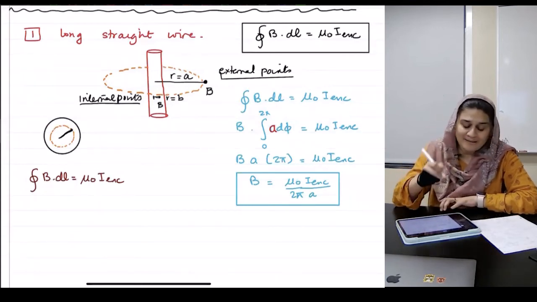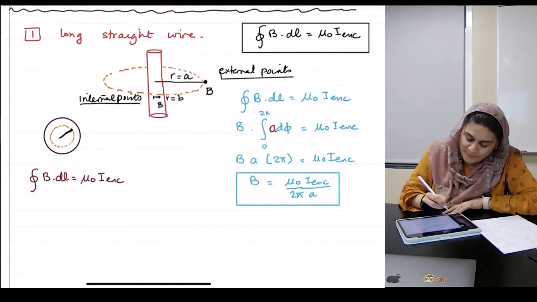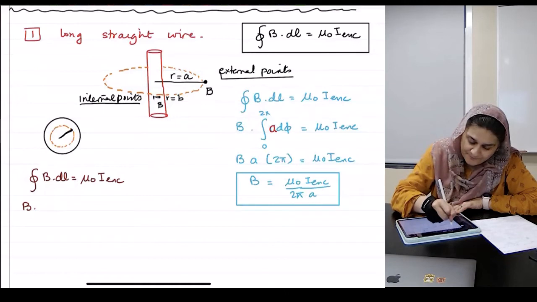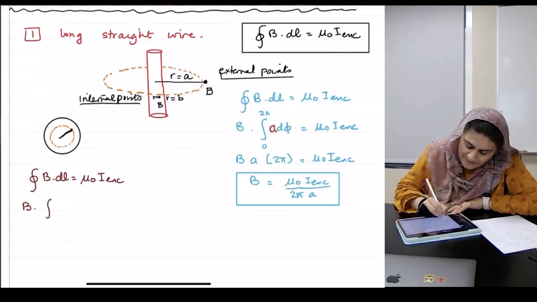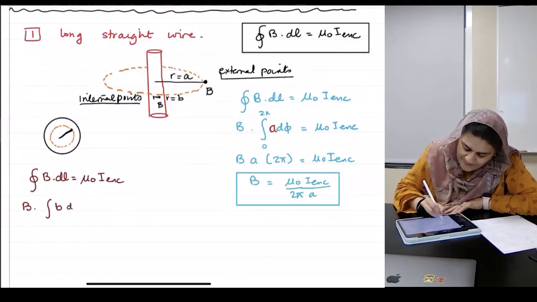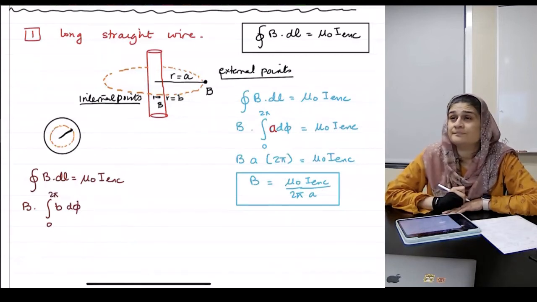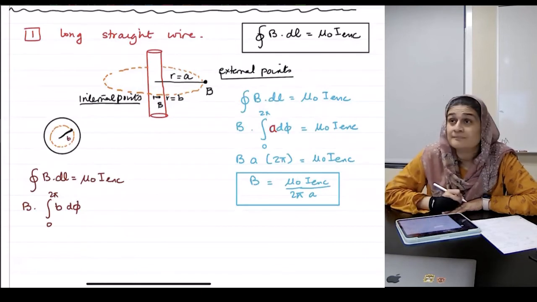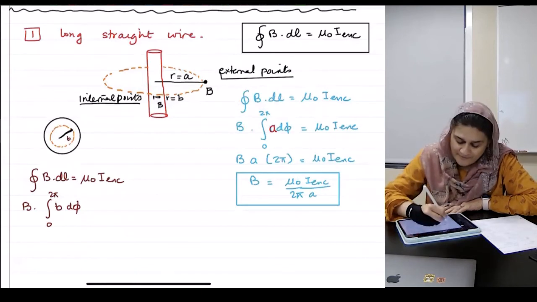So on my left-hand side, what will my integration be? Integration B d phi from 0 to 2 pi. Is that true if this is B and this is R?